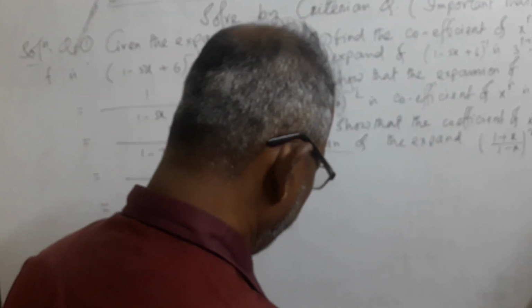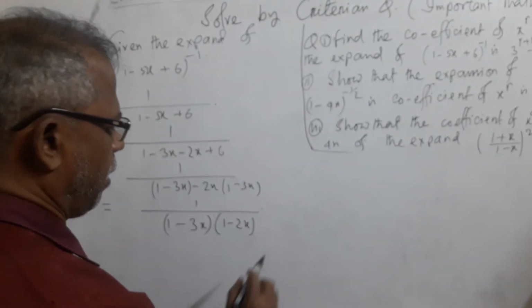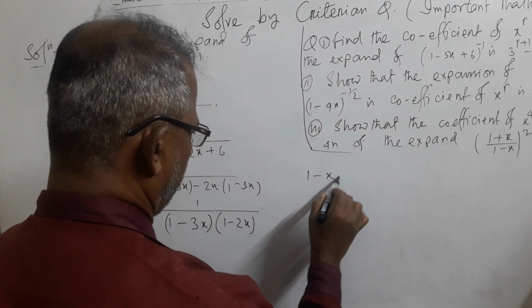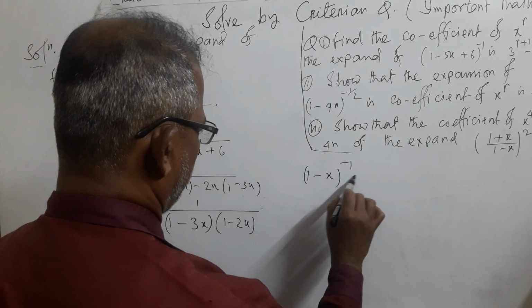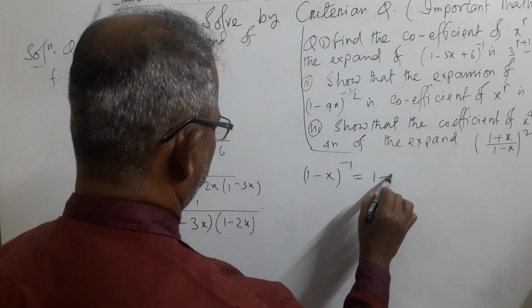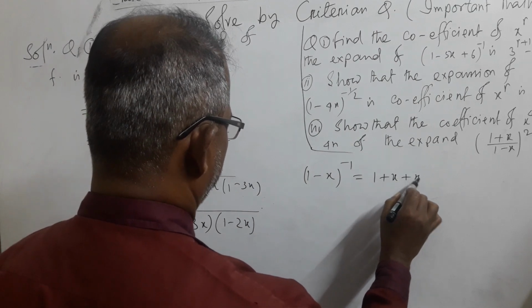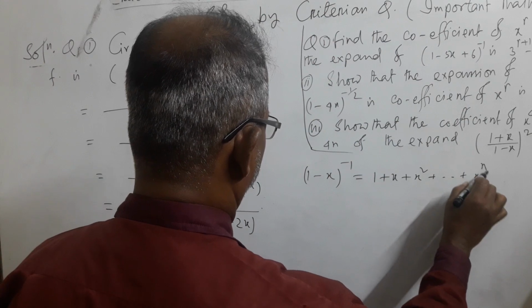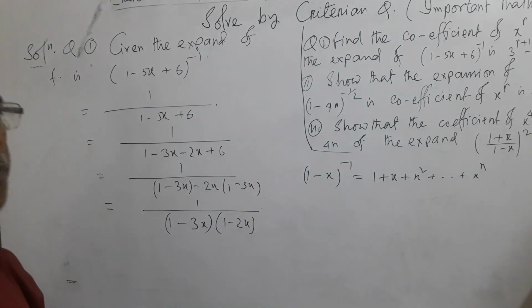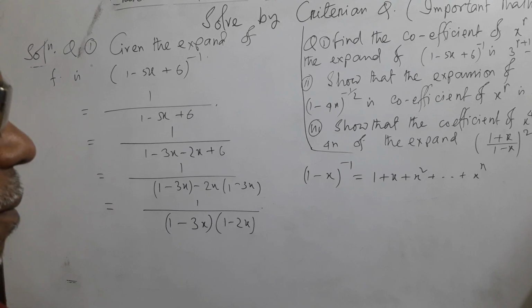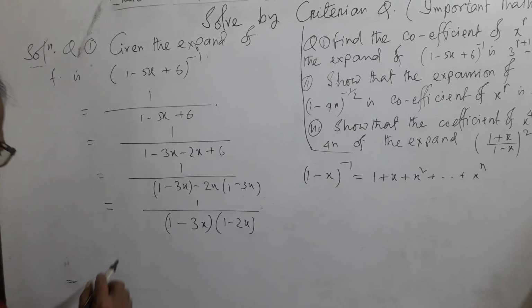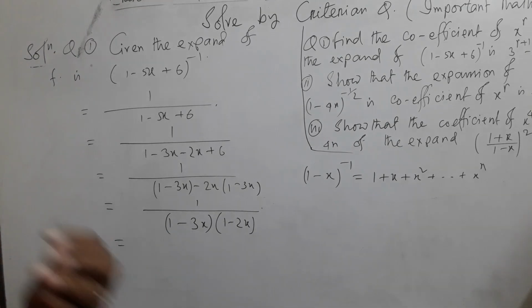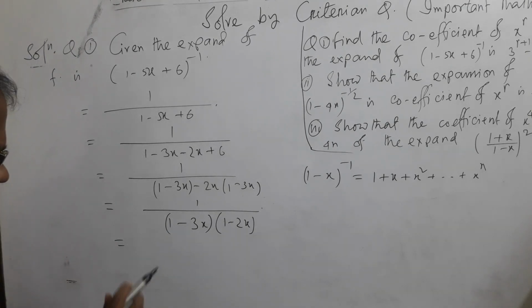And we have the applicable formula: (1 minus x) to the power minus 1 equals 1 plus x plus x square plus up to x to the power n. You have to be clear on this formula and advance it.